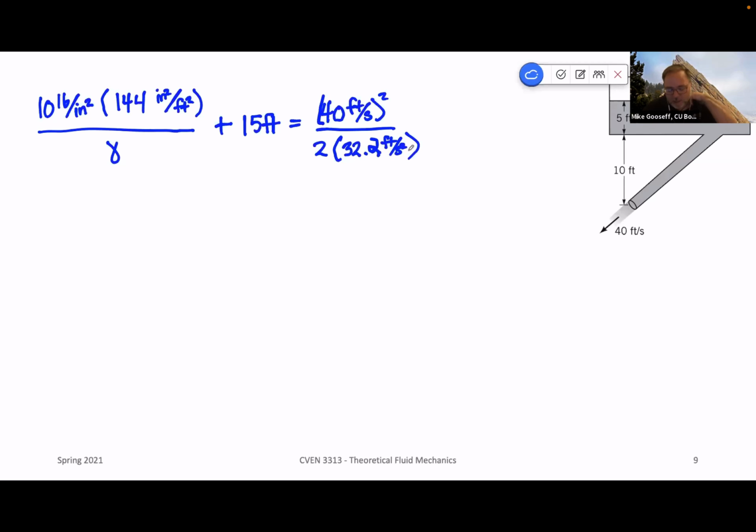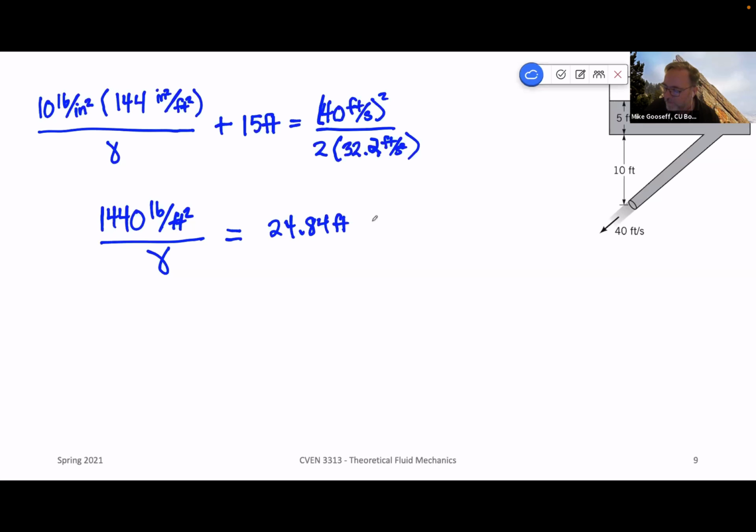Okay, so now we can rearrange this. This comes out to be 1,440 up there. So I'll take one more step here: 1,440 pounds per foot squared divided by gamma is equal to 24.84 feet.